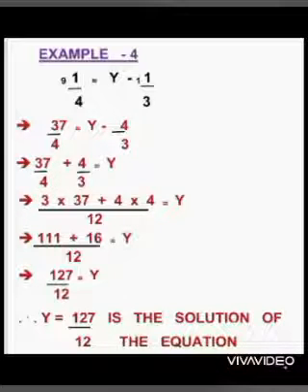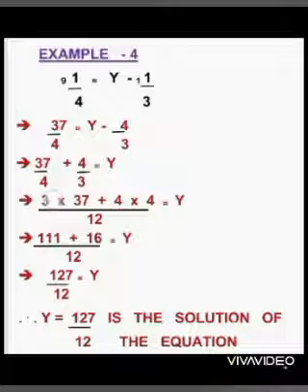So LCM of 4 and 3 is what here? 12. Now let us simplify this sum. 4 times 3 is 12. So 3 into numerator 37 plus 3 times 4 is 12. So 4 into numerator 4 by 12, which is equal to y.